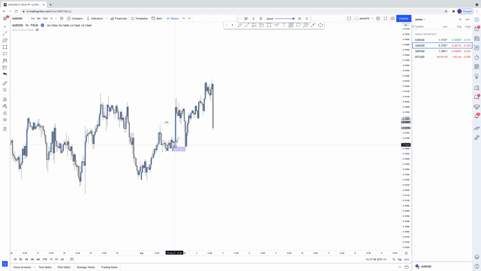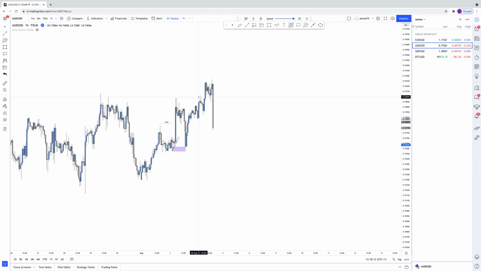So that's also why I wasn't looking at this area here, and more so looking at this wick here, and then looking to get long from this area. As this is a continuation trade, the very first target we're looking at is always going to be the highest point, so the high, and you can see price met that high.